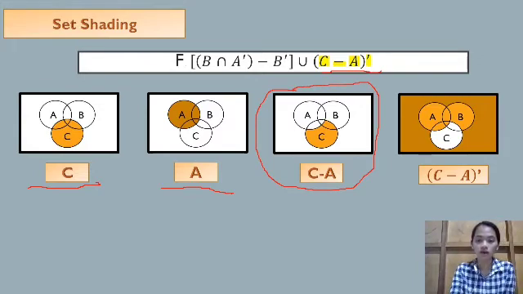After that, we find C minus A prime. We already have C, so we find C minus A prime, and the answer is this.